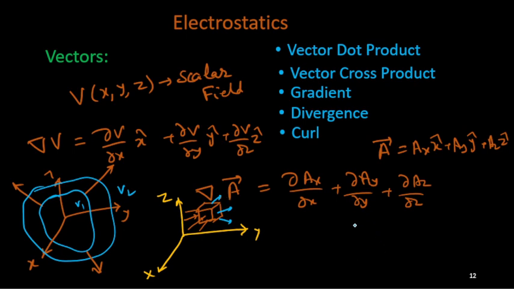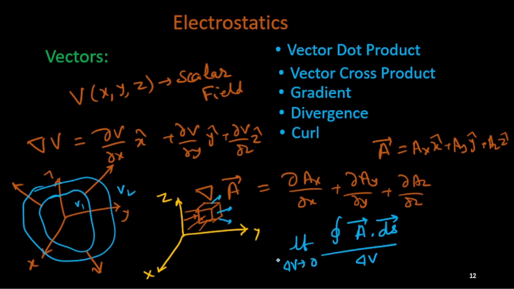So this is defined by A dot ds. This is the closed area integral, and after this small volume del V, if we take the limit delta V tends to 0, that will give you the divergence at the point P, for this vector field A, and that is denoted by del dot A. So we'll be discussing this part in a detailed way.